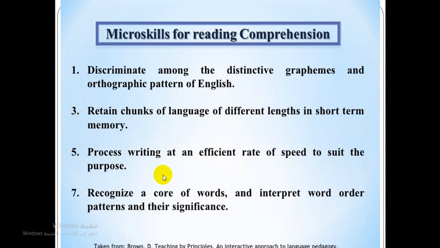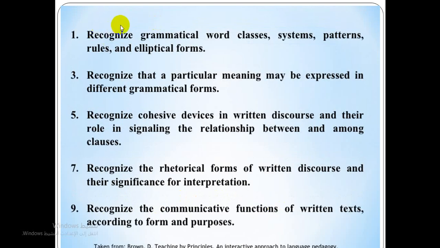English students should recognize a core of words and interpret word order patterns and their significance. Moreover, English students should recognize grammatical word classes, systems, patterns, rules, etc.